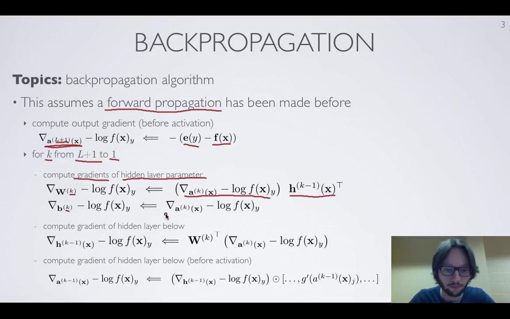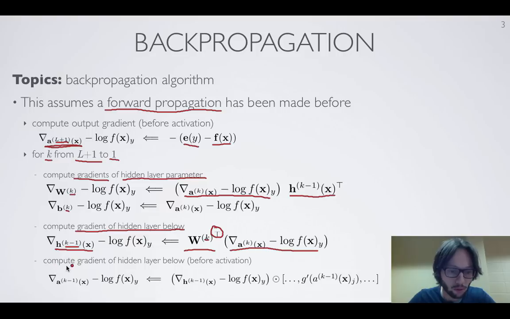And then we'll propagate the gradient to the hidden layer below. That is, we'll compute the gradient of the loss with respect to the activation for the layer right below, layer k minus 1. And we've seen that this just corresponds to taking the pre-activation gradient and multiplying it by the transpose of the connections between the current hidden layer k and the hidden layer below, k minus 1.